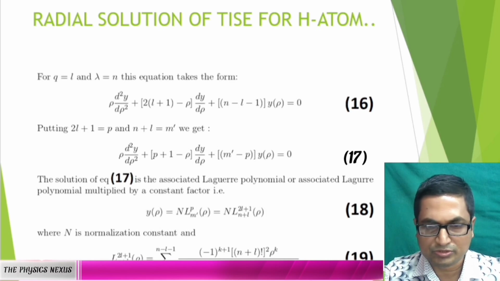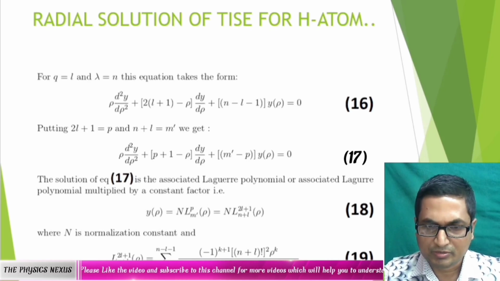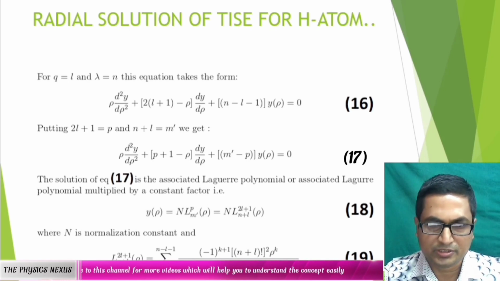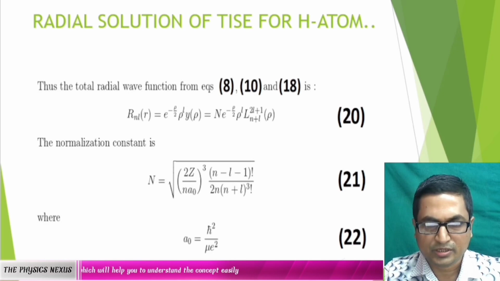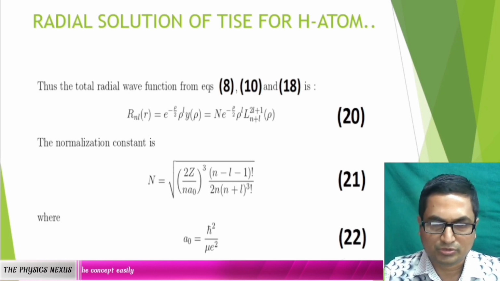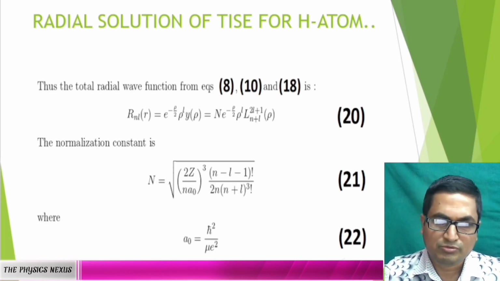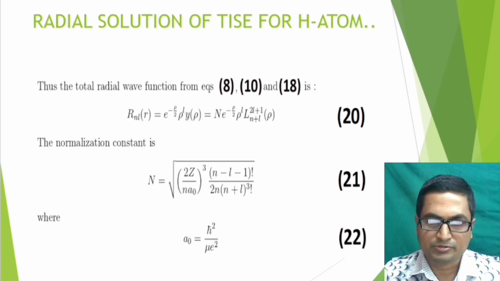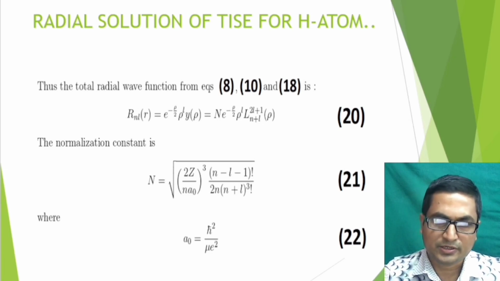We can have more concepts from mathematical physics, and with this expression 18, we can now say that we have almost solved the time independent Schrödinger equation for the hydrogen atom problem regarding the radial part.